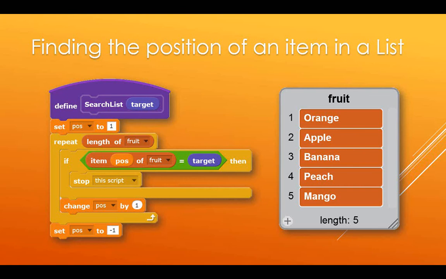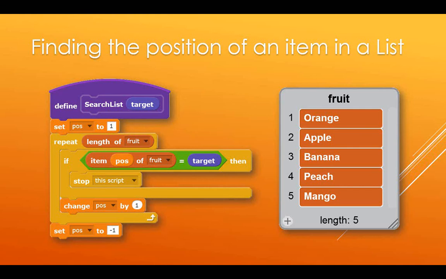This repeat loop is going to go for length of fruit, which we can see is 5 at the bottom here. On each iteration, each instance of the loop, we do an if-then check: we check if the item at position pos of fruit is equal to our target. Remember, target will be orange, apple, banana, peach, or mango.